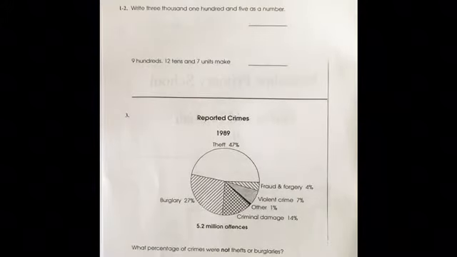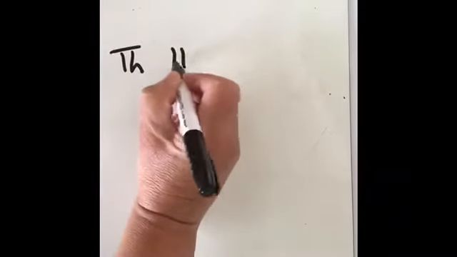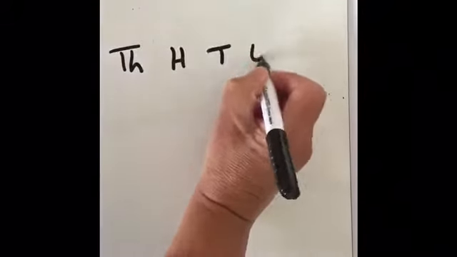You can see here on questions 1 to 2, it asks us to write 3,105 as a number. And then we have to write 9 hundreds, 12 tens and 7 units. And what do they make? So if you think about that, I'll do that one on the whiteboard. I like to set it out as thousands, hundreds, tens and units.